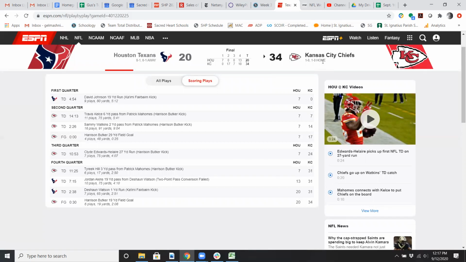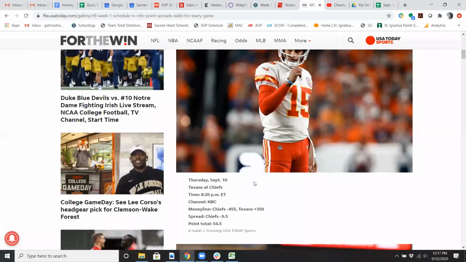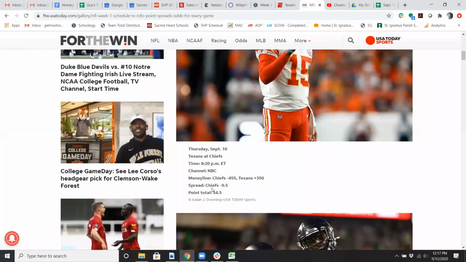How did I make that prediction? Well, you could go to a lot of different websites. They give you the point spreads. The total points was supposed to be 54.5, and the Chiefs were favored by 9.5.